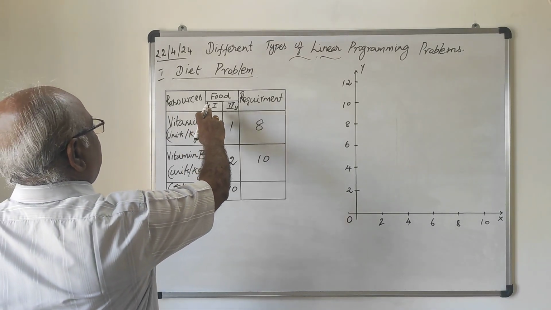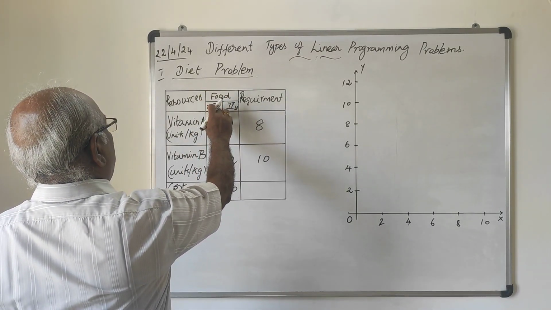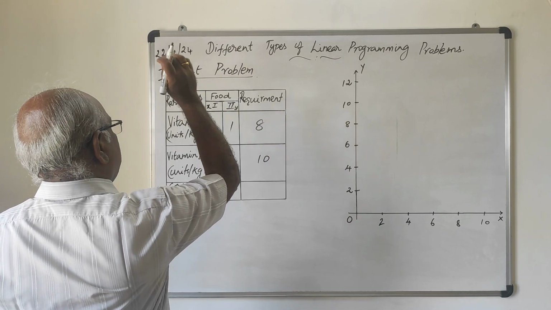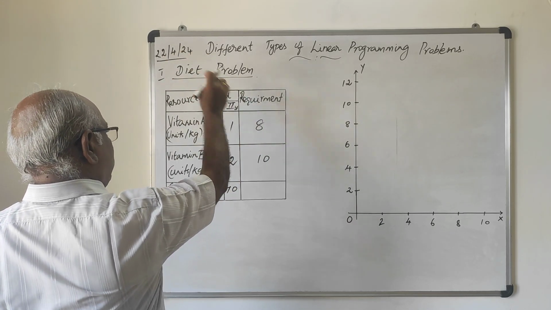The two different types of foods are represented by food 1, the X variable, and food 2, the Y variable.